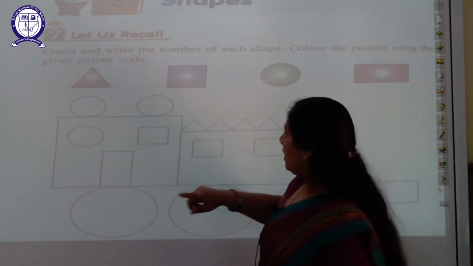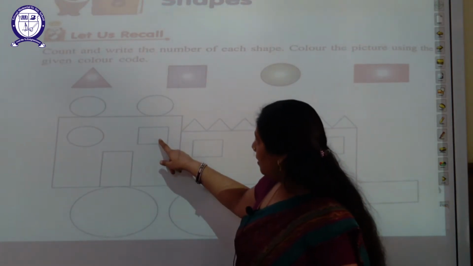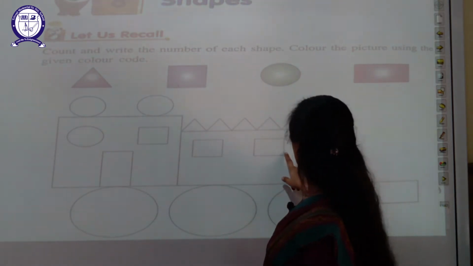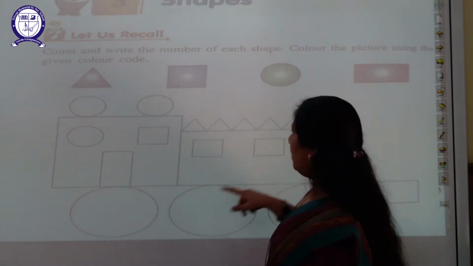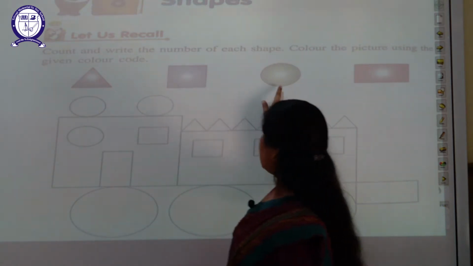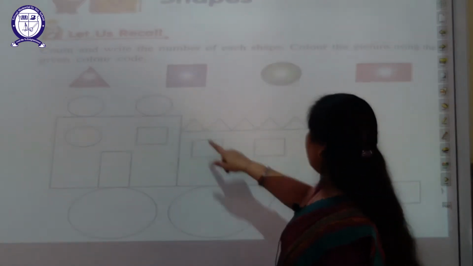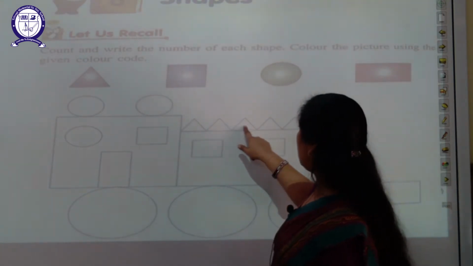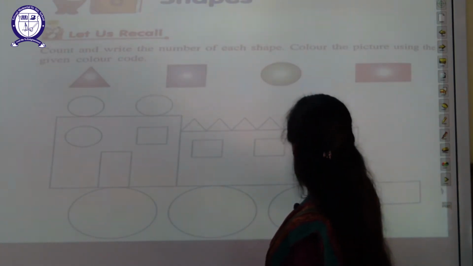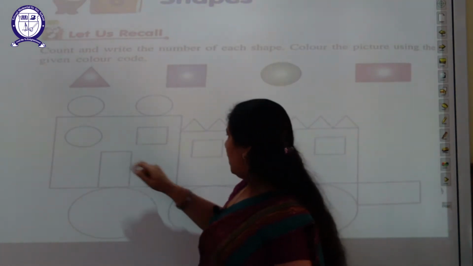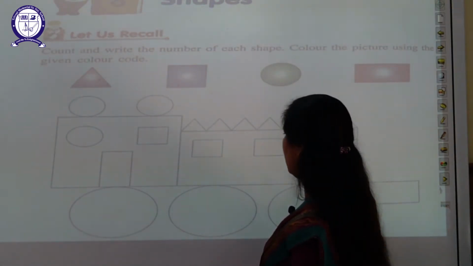Now squares, 1, 2, 3, 4, 5. Triangles, 1, 2, 3, 4, 5, 6, 7, and rectangles, 1, 2 and 3.